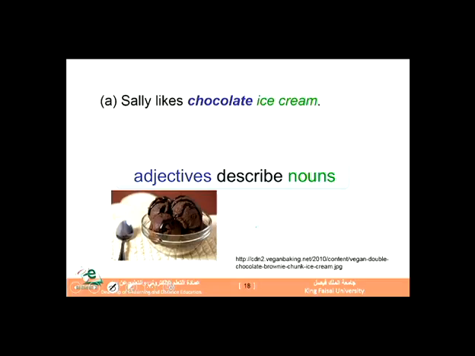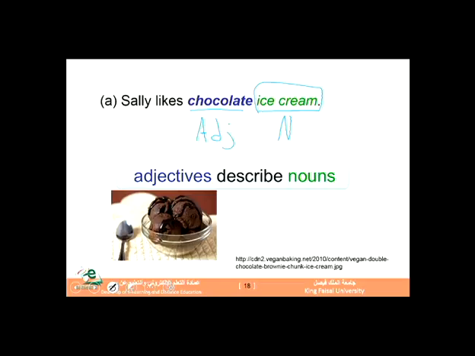This is another example. Sally likes chocolate ice cream. Ice cream is going to be our noun, while chocolate is functioning as an adjective that describes this noun.